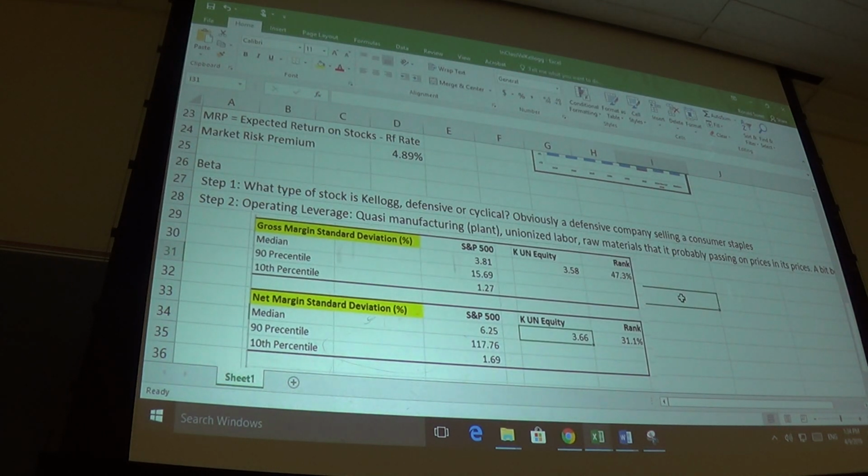So standard deviation of margins suggests slightly below average operating leverage.